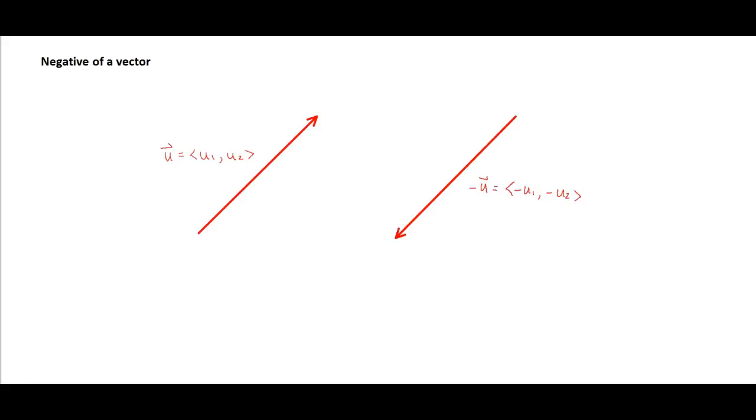So for a quick example, if I'm given a vector v, and I'm going to use another three-dimensional one for this, that is given by 5, -2, and 1, for example, then the negative v is going to be -5, 2, and -1.